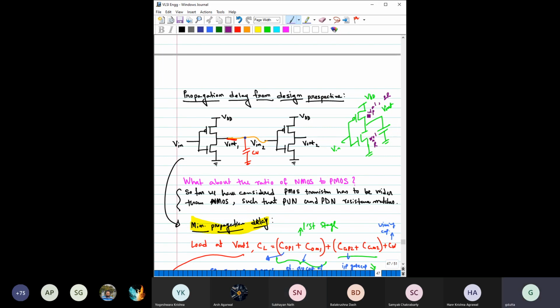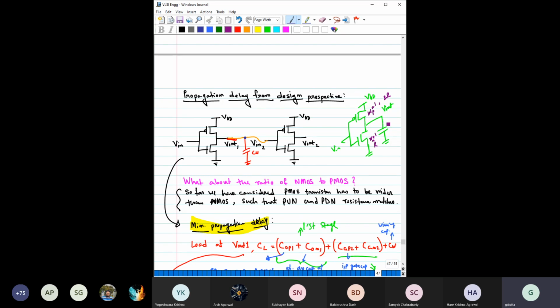If the mobility is lower, then the resistance offered by that transistor would be higher. So when you take the same width for PMOS and NMOS, we are getting 2R here and R here. So that means we are assuming the hole mobility is half of the electron mobility, right?